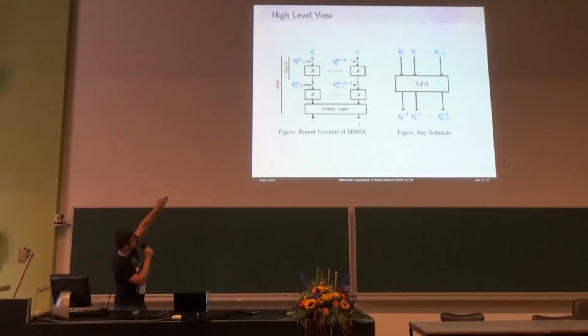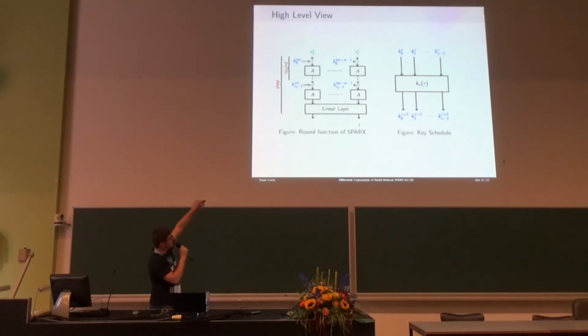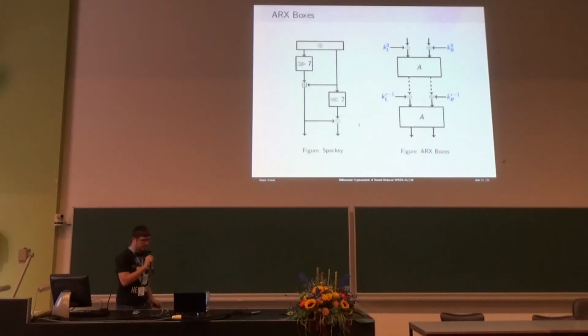So they have 2 here, they have several rounds, and then they have a linear layer, and everything together is 1 step. For the key schedule, they just use an initial master key, and they update it to get some more, but I will explain it a little later in more detail.